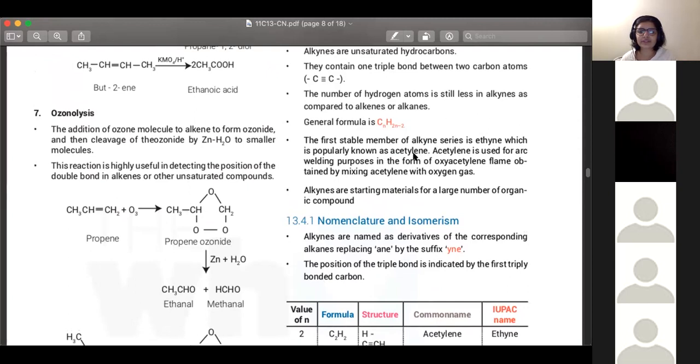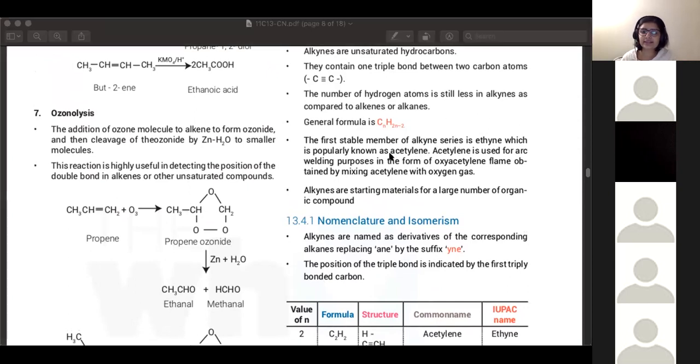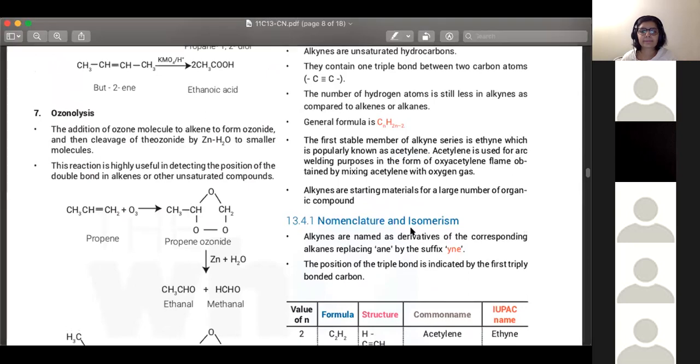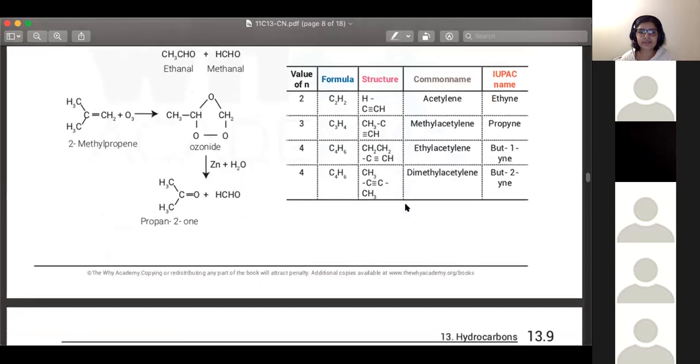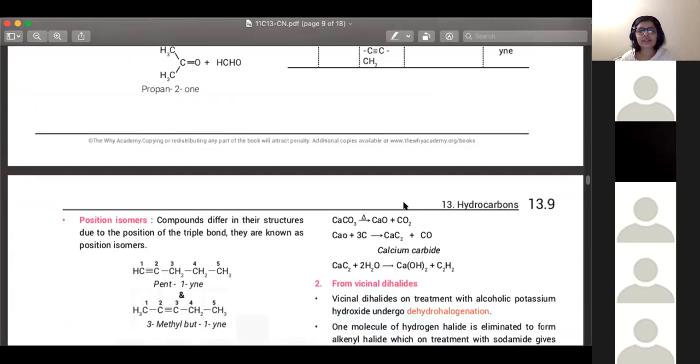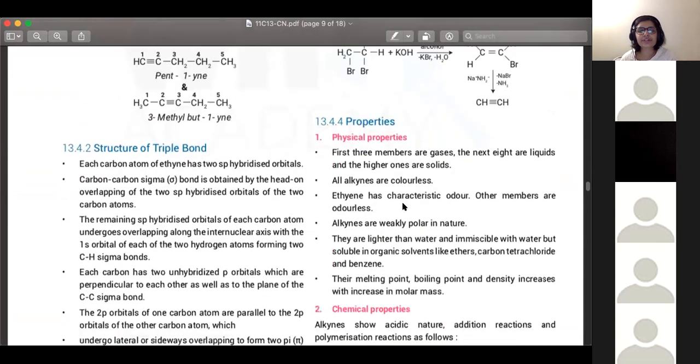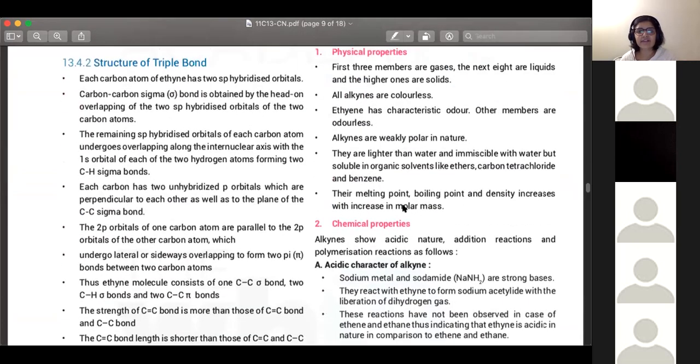So if you come across this, don't get confused. Ethylene is ethene, acetylene is ethyne. Nomenclature. Okay, so what different isomers can alkynes have?